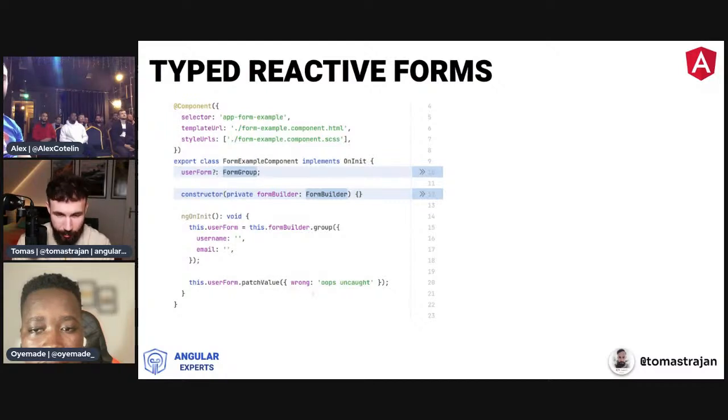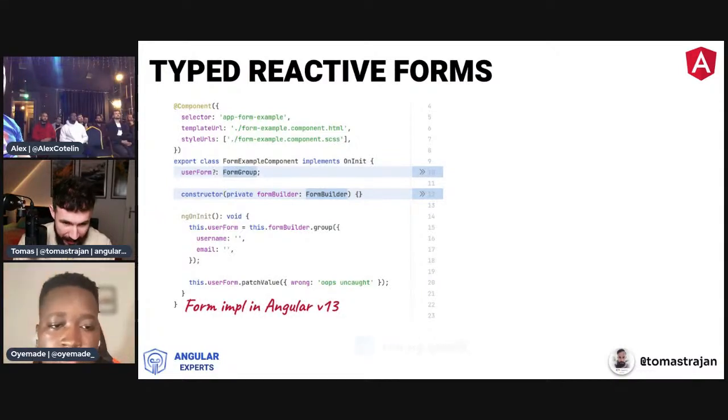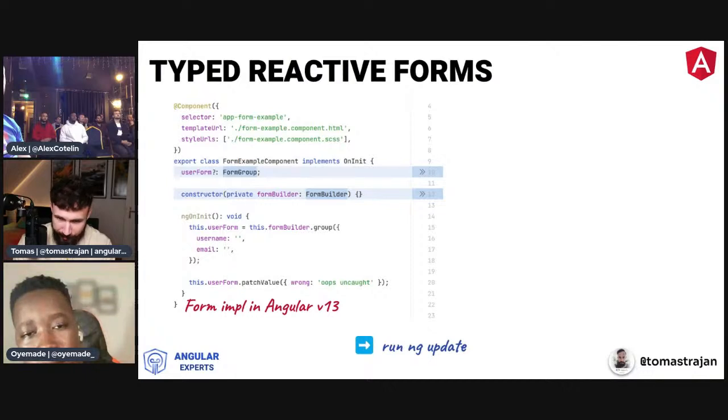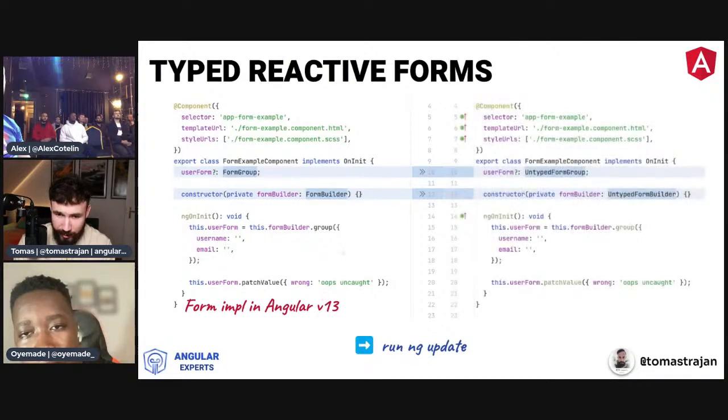Previously in Angular 13, if we tried to patch a property which we call here wrong, where no such property exists on the form, this would work. It would not fail and we would patch a property which is not used, right? So this is not so nice. Now, if we run ng update, the automatic schematics will migrate to this untyped version.